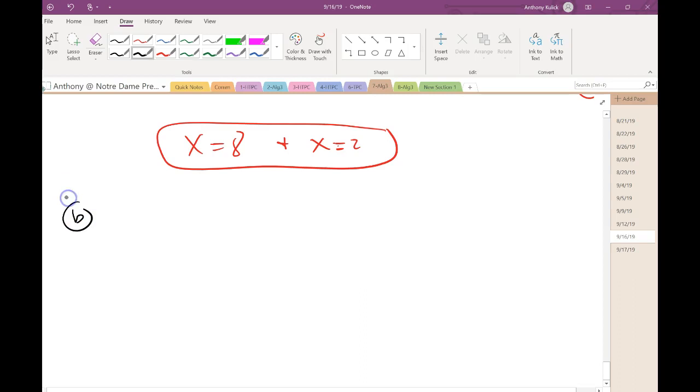So let's see, we'll call this next one example B. All right. In step 1, what do we do?